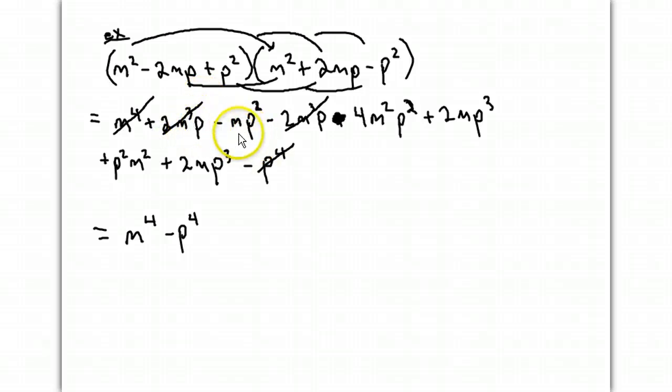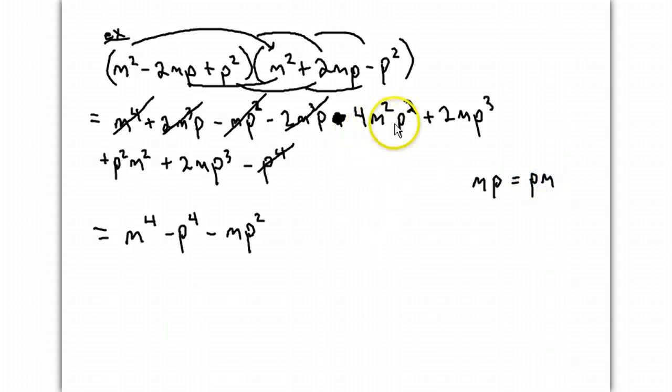Then next I have minus mp squared. So I'm looking for another mp squared. I don't see any. So what I'm going to do is bring that down. Minus mp squared. Then next on my list I have a minus 4m squared p squared. I see a p squared m squared. That is the same as m squared p squared, because if you have mp, that's the same as pm.